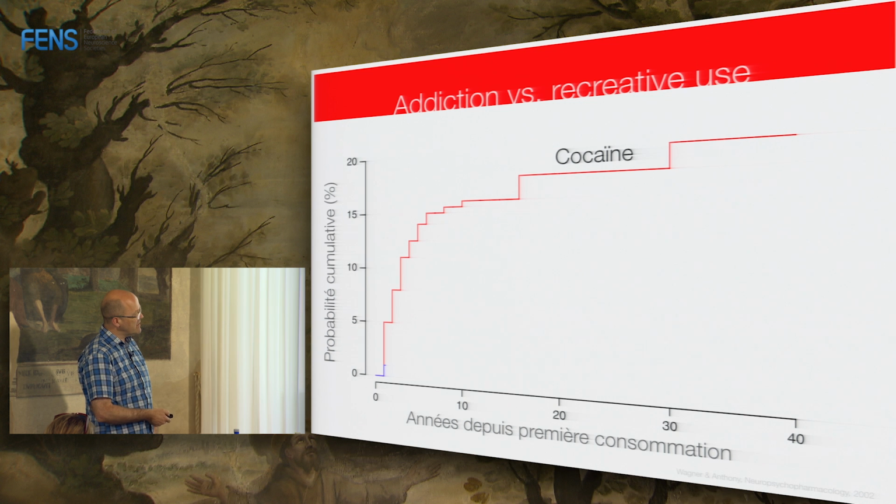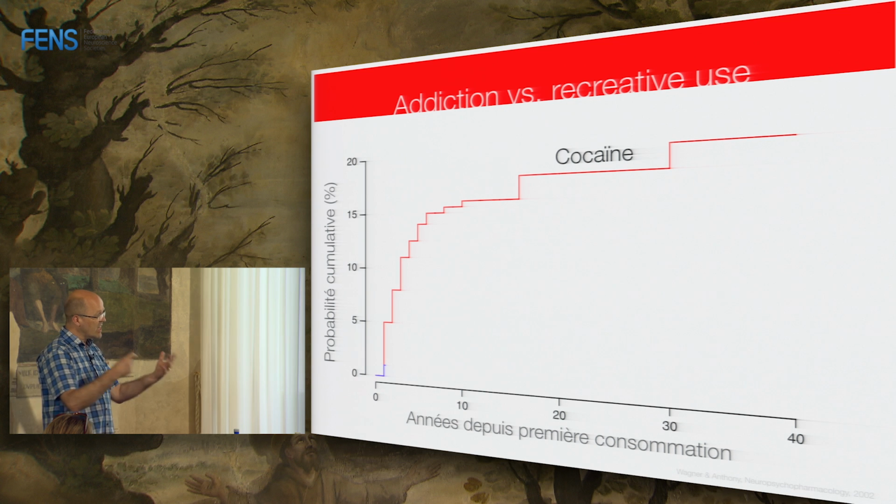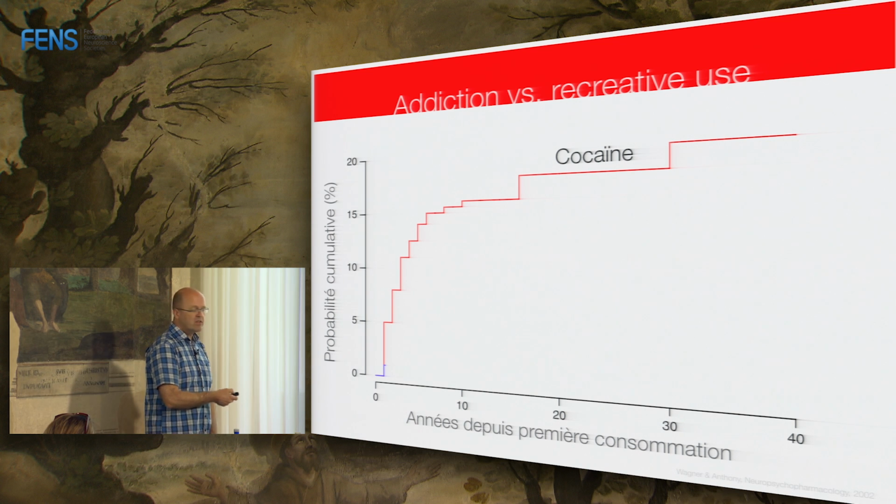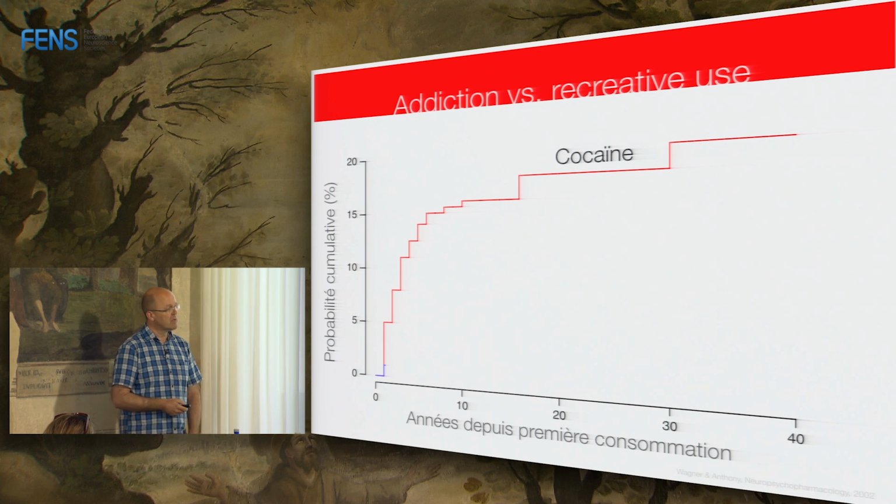And as you can see here, after the first year, it's only 5% that seem to fulfill that criteria. This is a little surprising, right? If you think that you would have access to cocaine for an entire year, chances that you get addicted are actually very low. This then, after 10 years, reaches about 15%, and after 20 years, stabilizes below 20%.